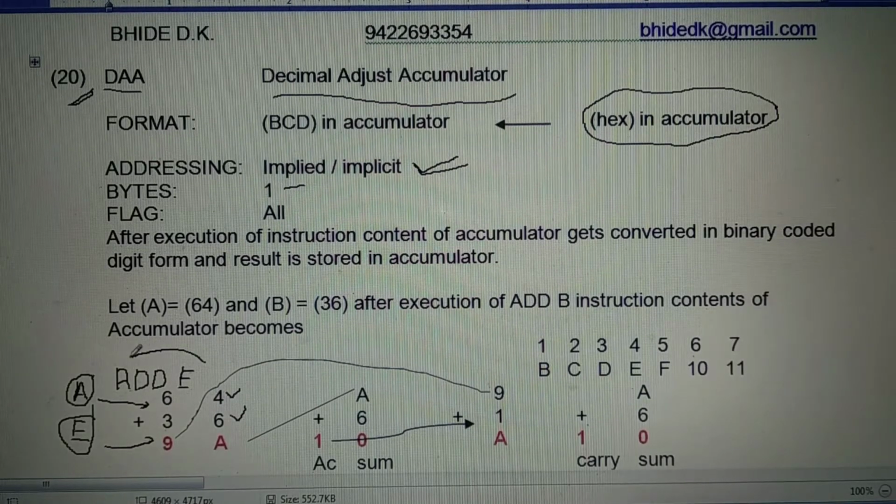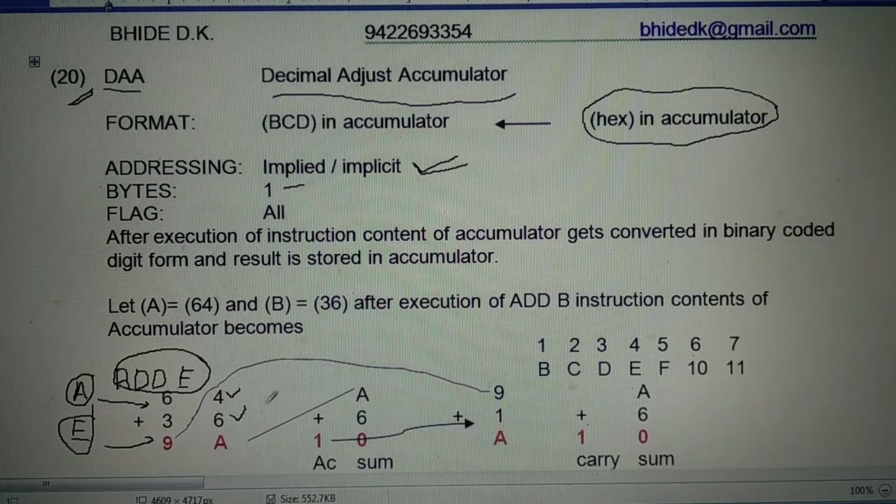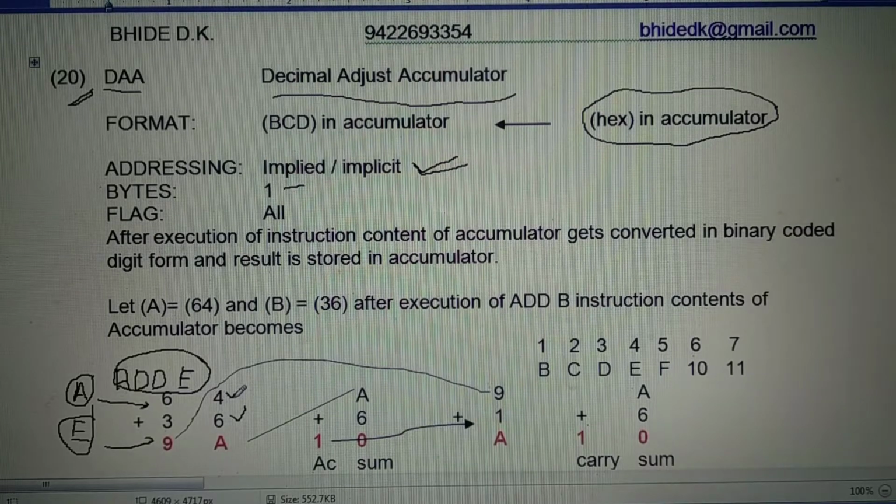If the ADD E instruction is executed, how does it get executed? The content of register E, that is 36, is added to the content of the accumulator, that is 64, and the hexadecimal answer is stored in the accumulator.